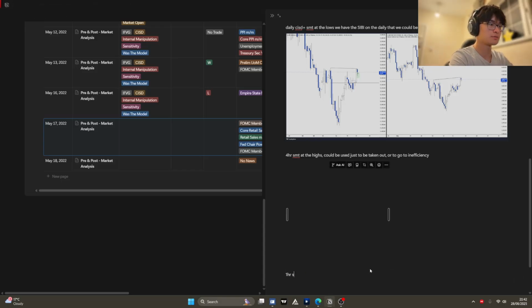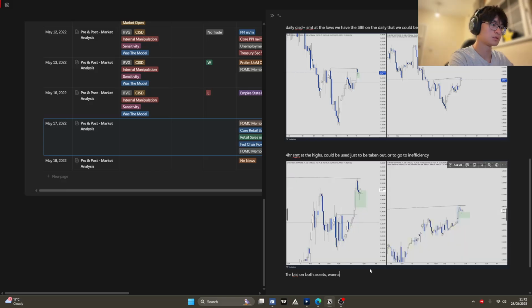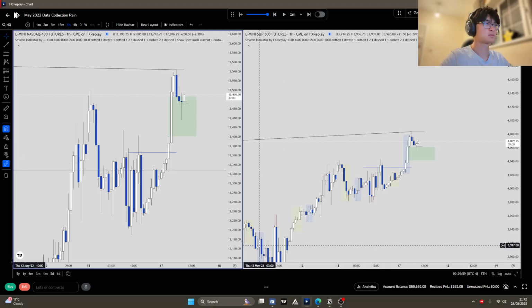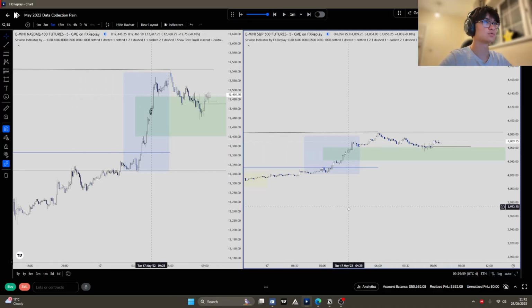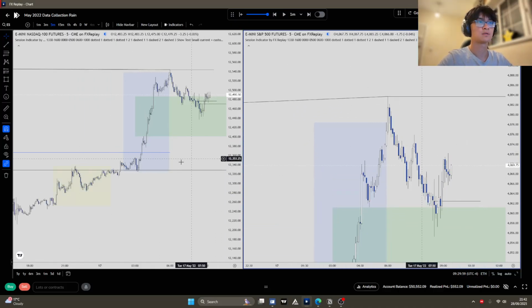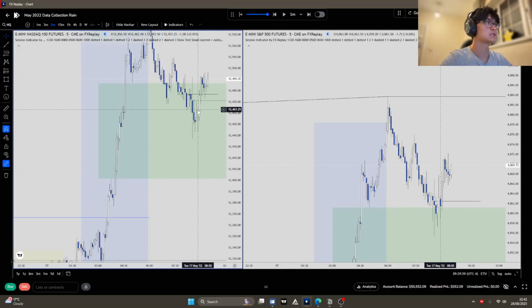Busy on both assets. Wanna see 5-minute structure shift. And we did do that. Get this nice change.